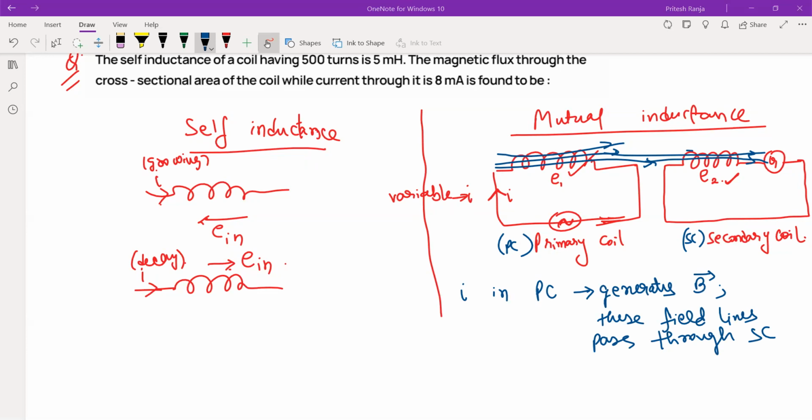As they pass through the secondary coil, there is some net flux through the secondary coil, because we are talking about field lines.